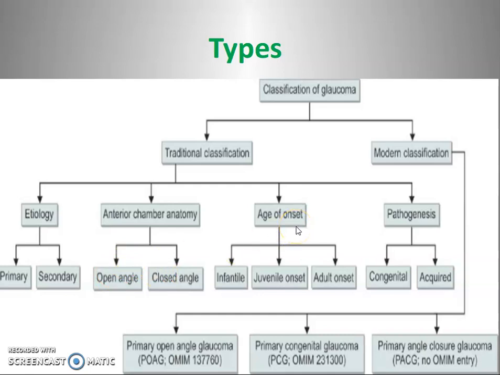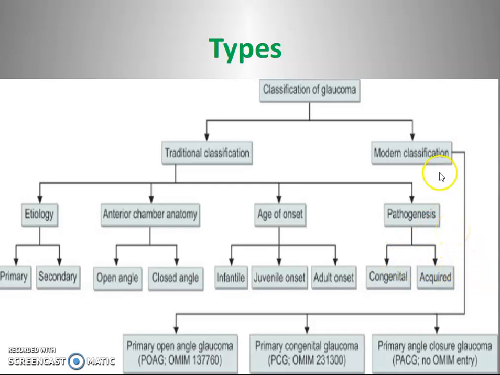As per the age of onset, there are different types like infantile, juvenile and adult onset glaucoma. As per the causative mechanism, there are two types, that is congenital and acquired.